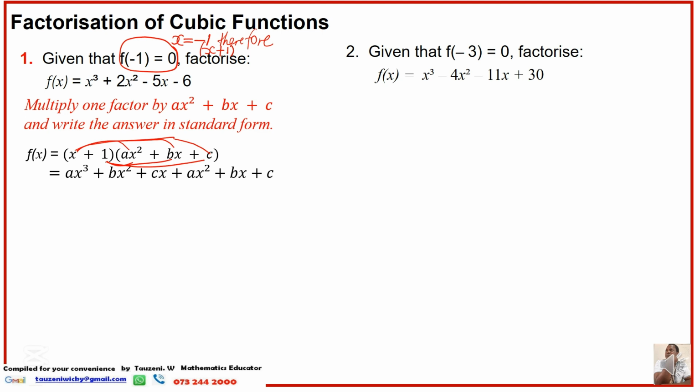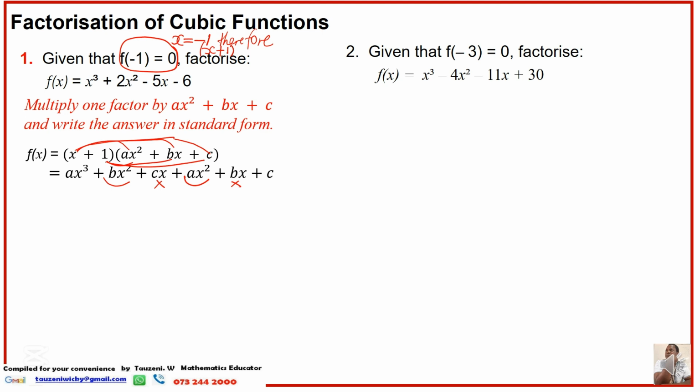Now, it must be simplified to simplest form or to standard form. Standard form means in your expression, you must have only one term with the x squared and one term with x. In my case, I have got two terms that contain x squared and two terms that contain x. So we put them together according to x.